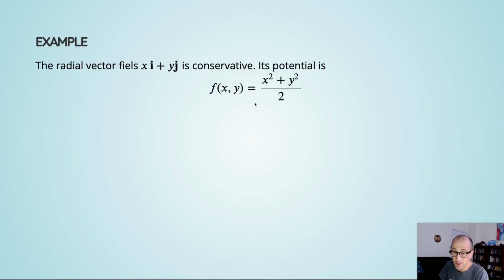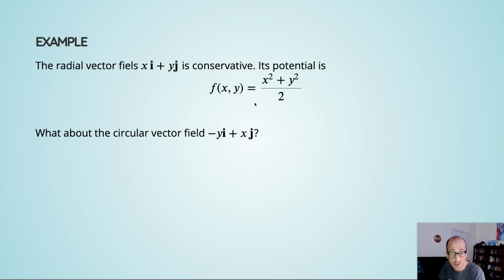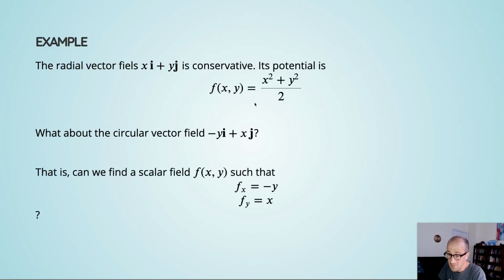As a last thing, what about our circular vector field? What's its potential? Is it conservative? Don't be surprised. The way to frame that question is: can we find a scalar field f where the x derivative is minus y and the y derivative is x?